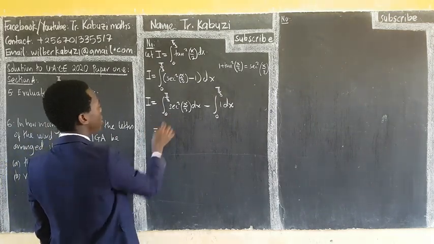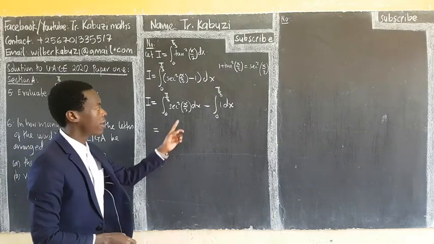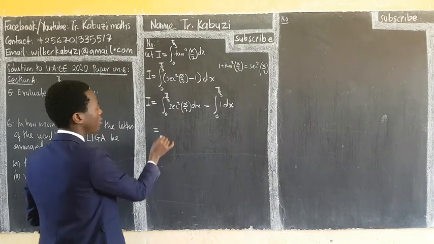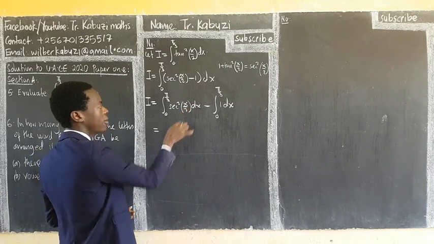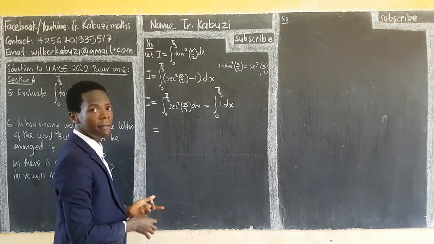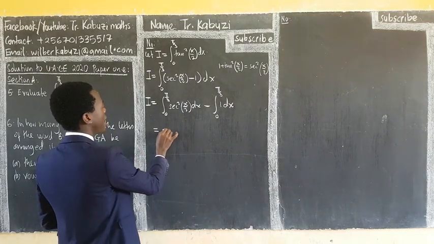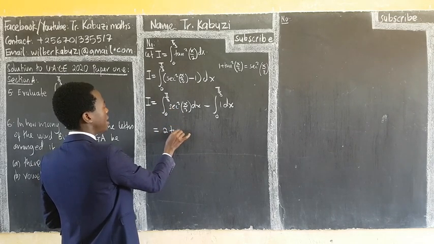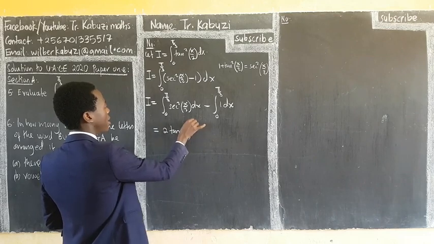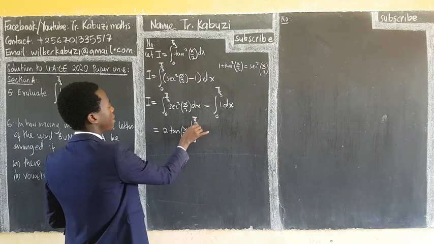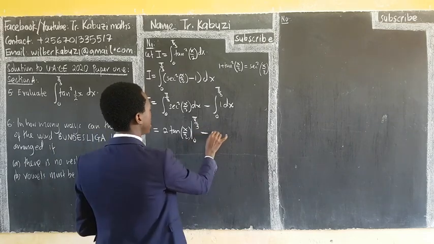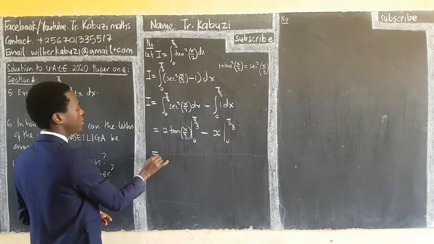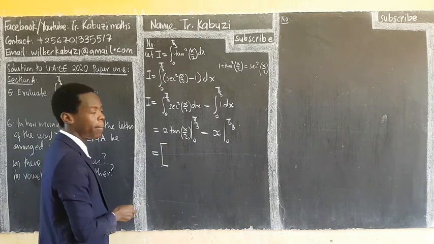You first differentiate the angle, then you divide by that. When you differentiate this angle you get a half, and the reciprocal of a half is 2. So you have 2 tan of that angle from 0 to pi over 3, then minus, when you integrate this, you get x from 0 to pi over 3. Now we just substitute, putting in the upper limit first.